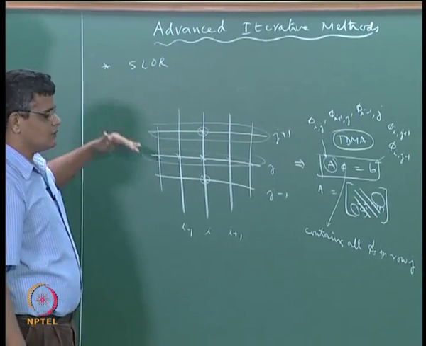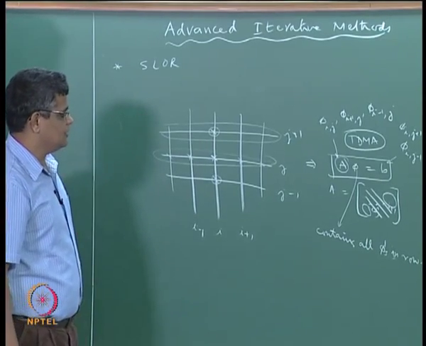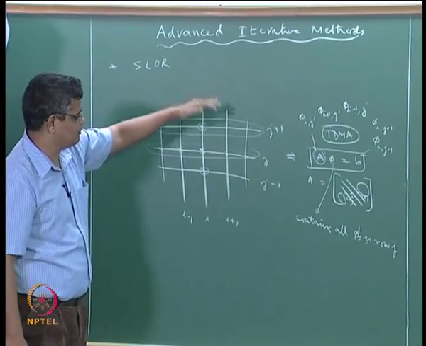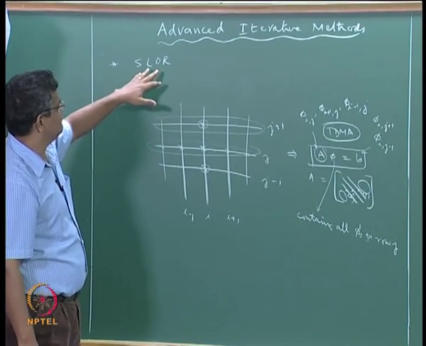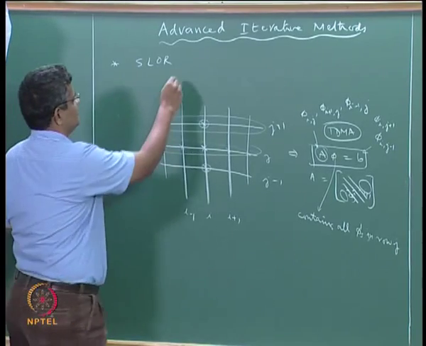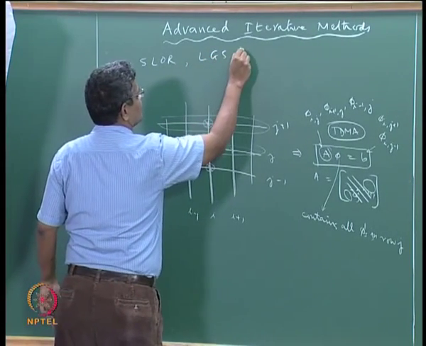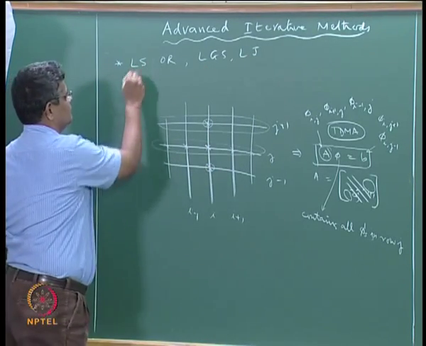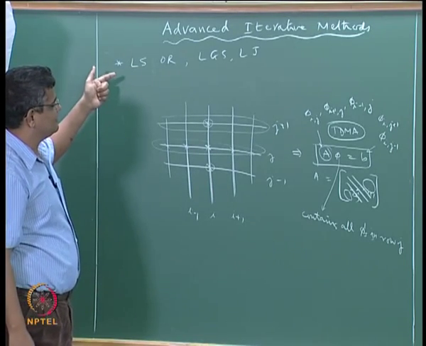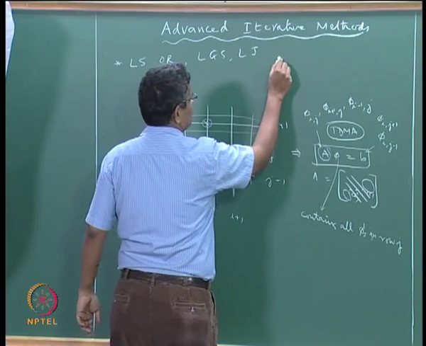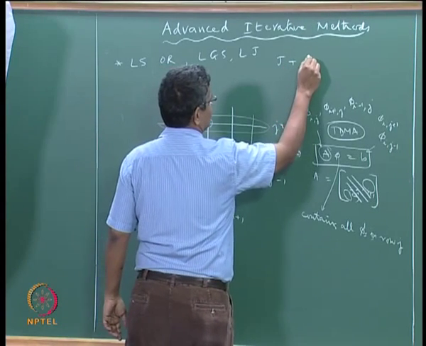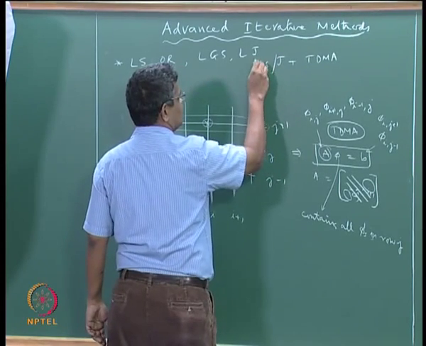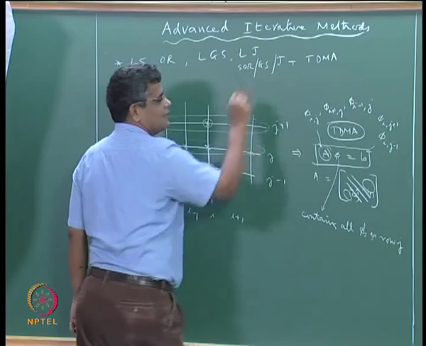So we do line by line solution of the overall matrix of the points here, and that is called, we can have line Gauss-Seidel, we can have line Jacobi and line SOR, and in these cases these are combinations of the Jacobi method plus TDMA or Gauss-Seidel method plus TDMA and SOR method plus TDMA.